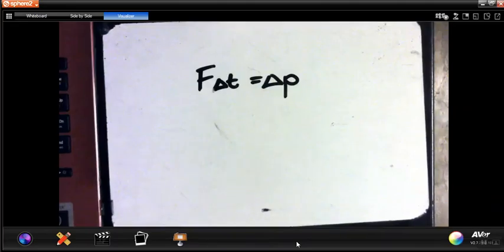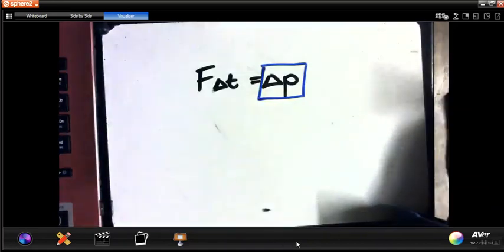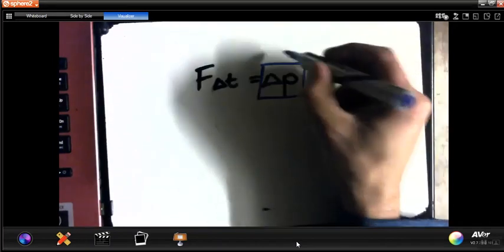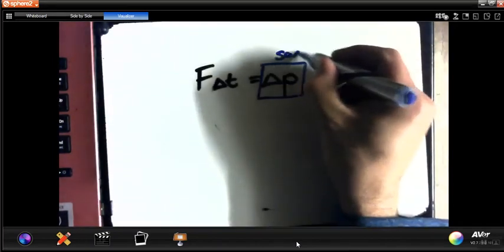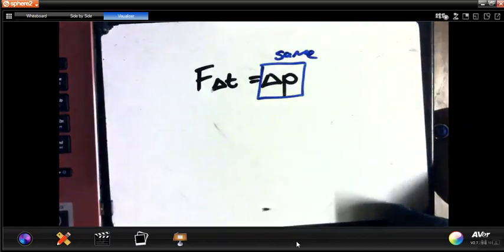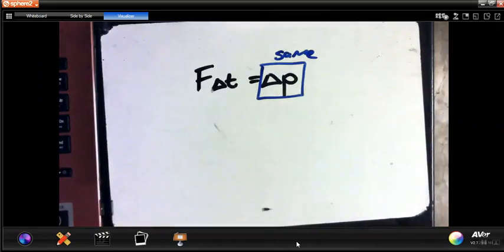So let's look at what this means. For both cars, I've got the same change in momentum, the same mass, and the same final and initial values. So that stays the same. Let's quickly look at the time.